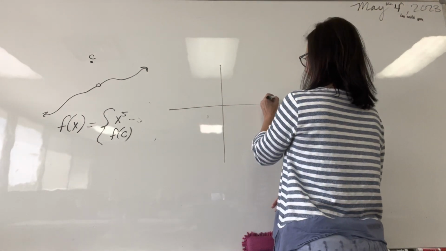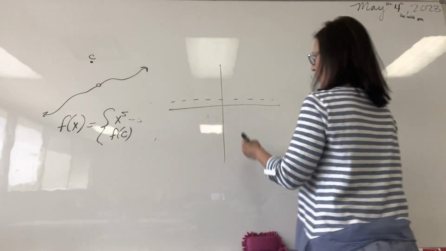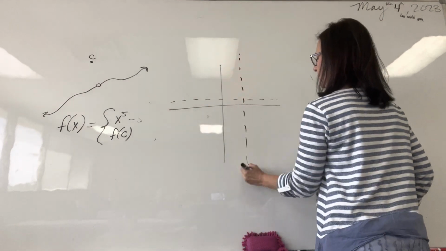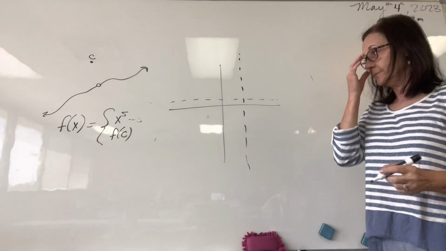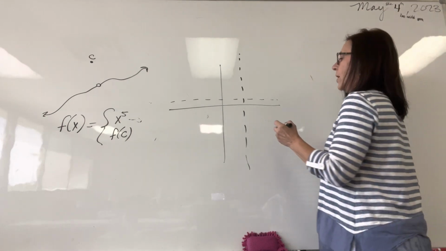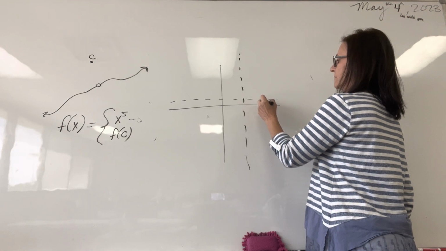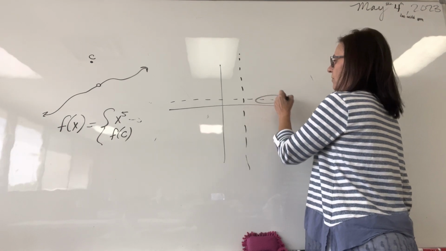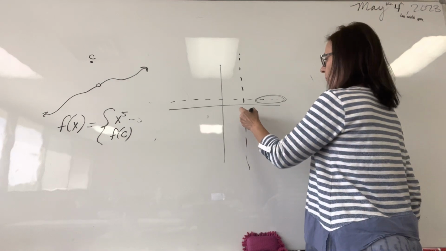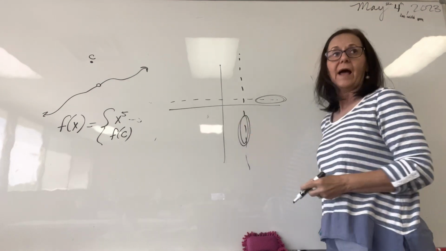Because once we get our asymptotes, let's say that's a horizontal asymptote, that's a vertical asymptote. We want to ask ourselves, what happens around this horizontal asymptote and what happens around this vertical asymptote?